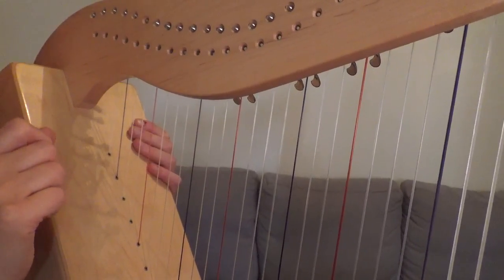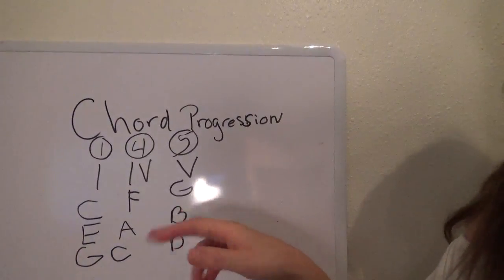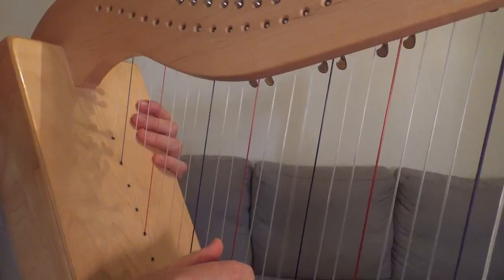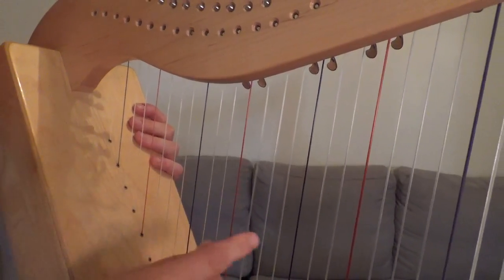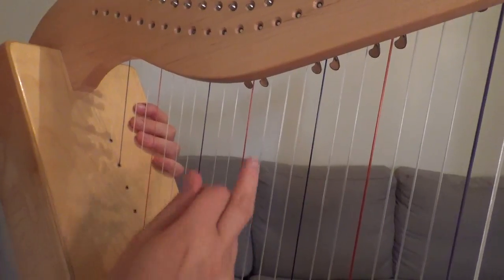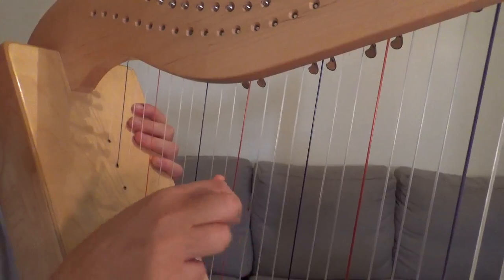Now to find the G chord, we are going to play the 1st note. Now we're going to go up 1, 2, 3. That's going to be 3. And if you see on the harp, that's going to be a B. It's 1 below C. And then 3, 4, 5.